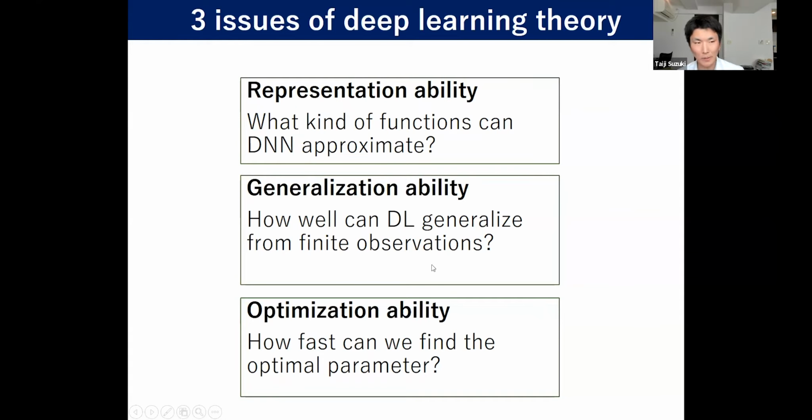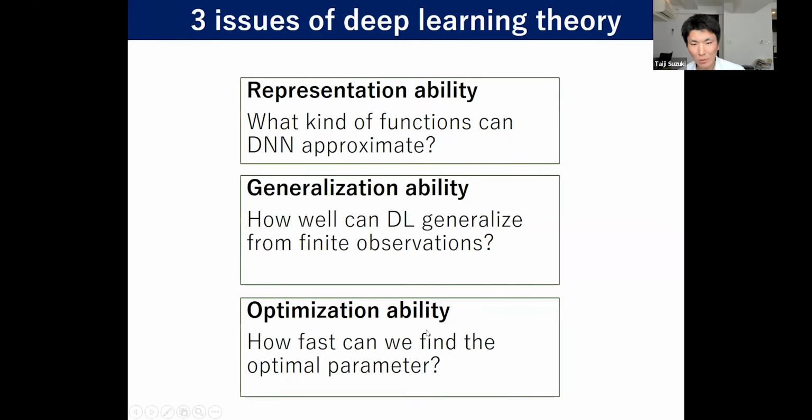This is one of the main topics of statistical learning theory. The third one is optimization ability. It is well known that the optimization in deep learning is highly non-convex. So it is not trivial that gradient descent or stochastic gradient descent can find a good global optimum or good local optimum.